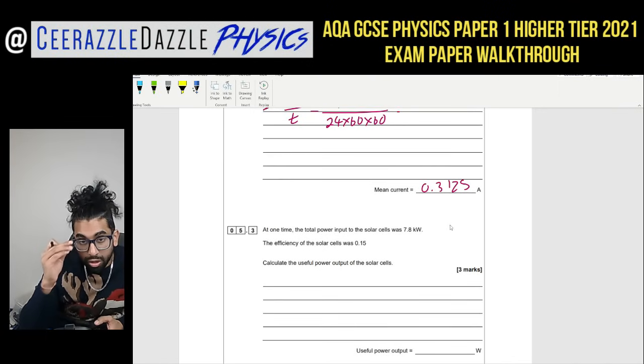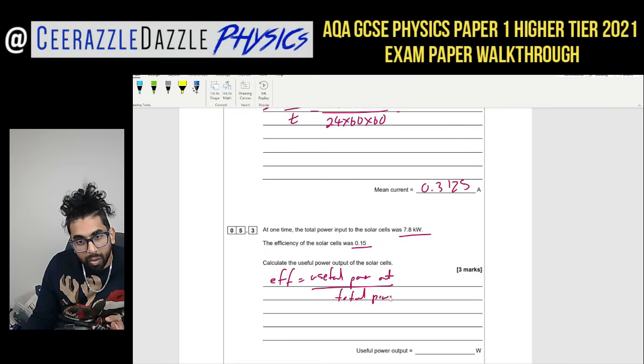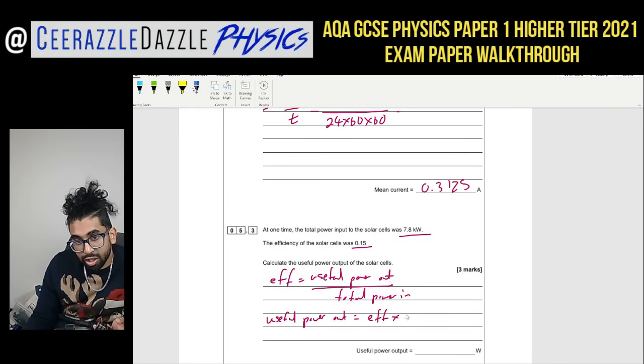5.3. At one time, the total power input to the solar cells was 7.8 kilowatts. The efficiency of the solar cell was 0.15. Calculate the useful power output of the solar cells. Hopefully we remember that efficiency is equal to useful power out divided by total power in. Rearranging, useful power out is equal to efficiency times total power in.